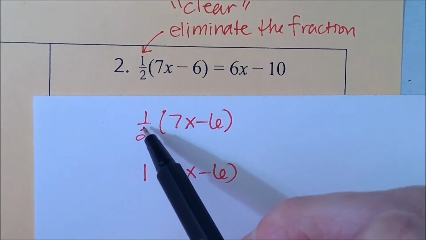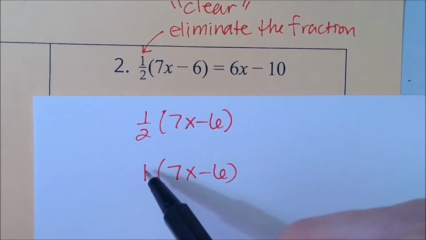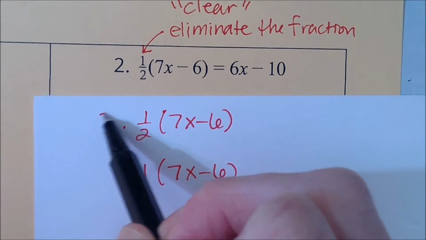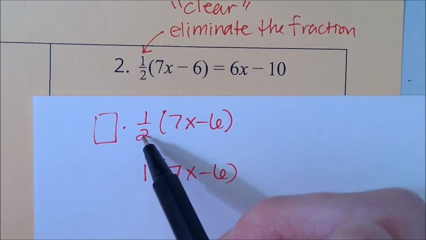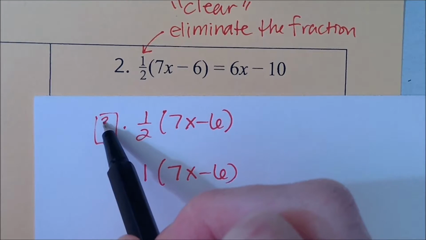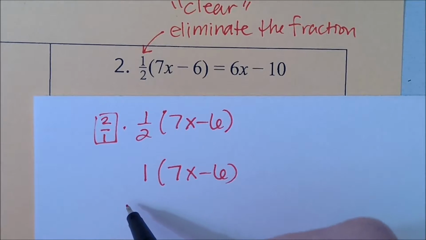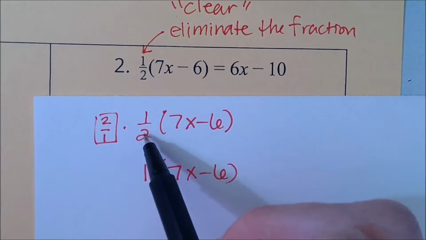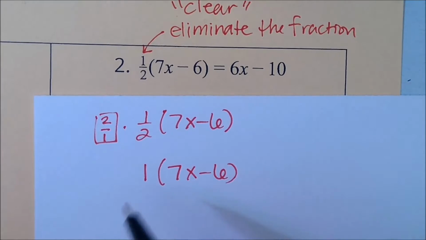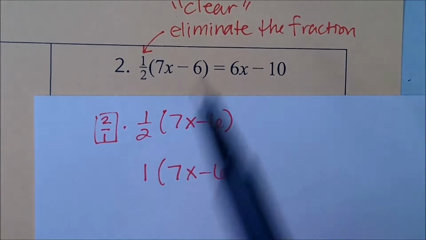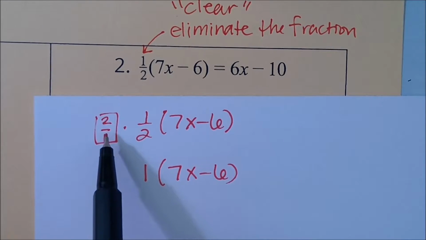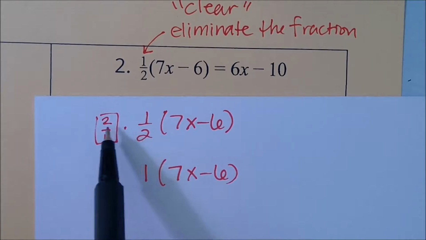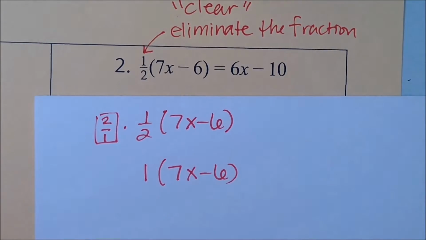So I've got to think of what I can multiply by 1/2 to make it become 1. What do you think can be multiplied by 1/2 to make it 1? 2 over 1. 1/2 times 2 equals 1. If I double something that's cut in half, I have a whole. A number times its reciprocal always equals 1. The reciprocal is when you flip the fraction.